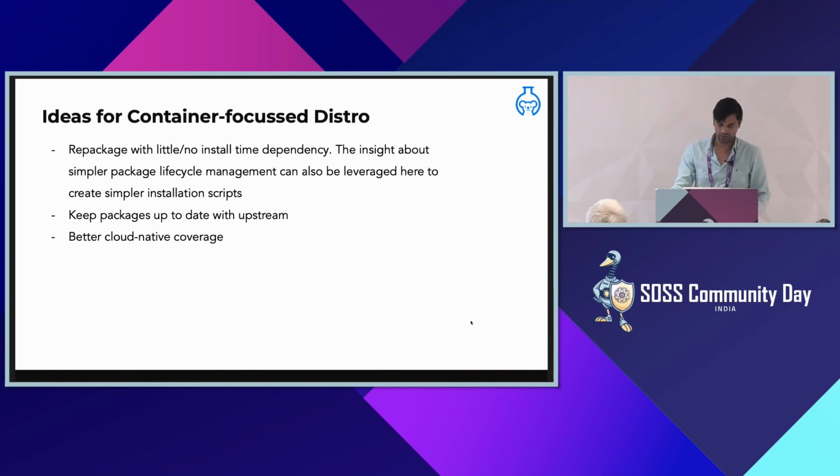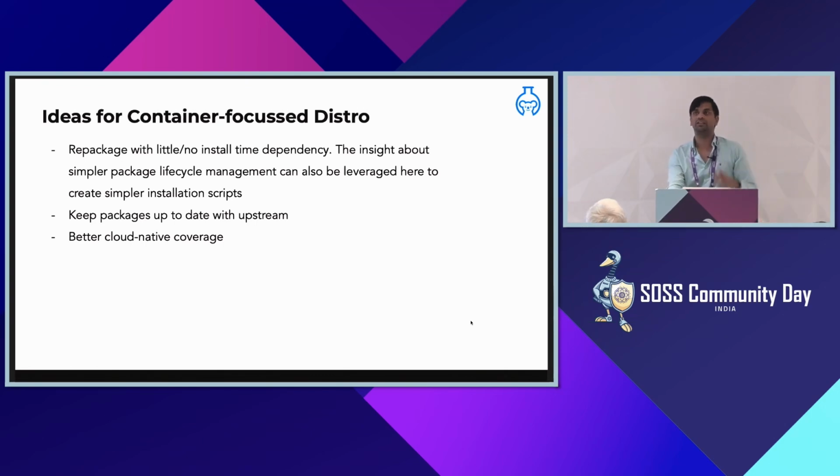Another thing is that a container-focused distro should always keep the packages up to date. A VM-focused distro has many packages and their dependencies, which are pretty interlinked. So updating a package in any release of the distro becomes cumbersome.